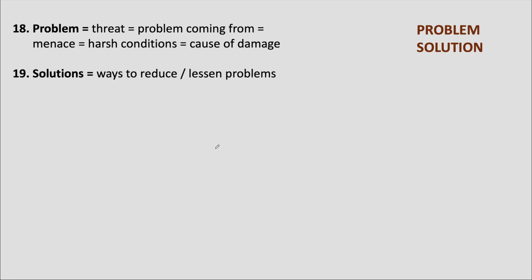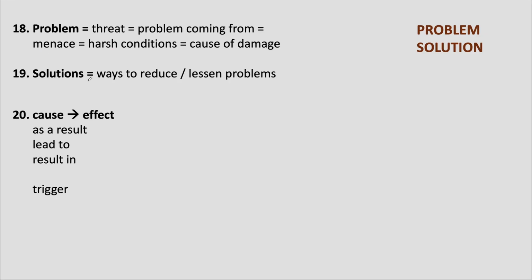When problems are mentioned, there are many different words used for them, such as threat, a menace, or a cause of damage. We may also see phrases like cause of the problem or harsh conditions, which means difficult conditions. For solutions, we can say ways or method to reduce or lessen problems.